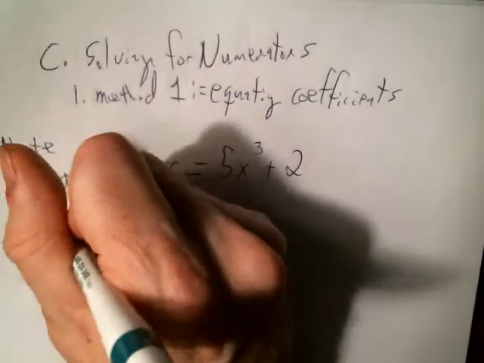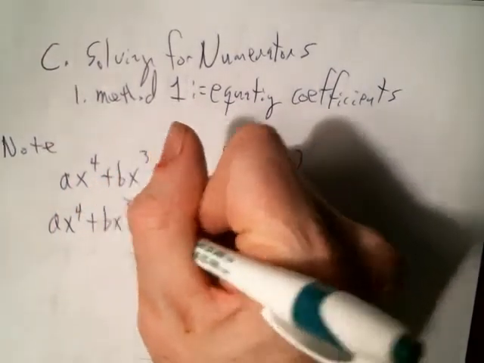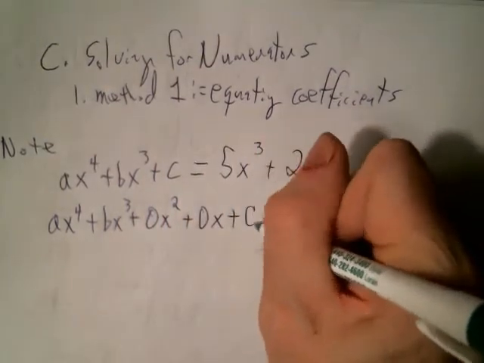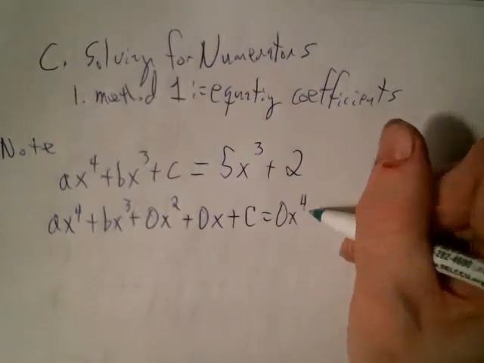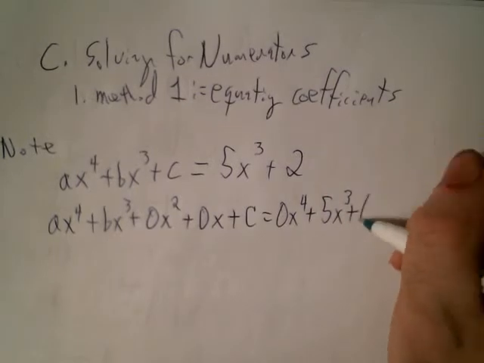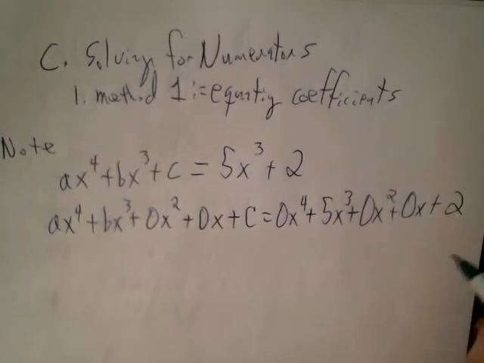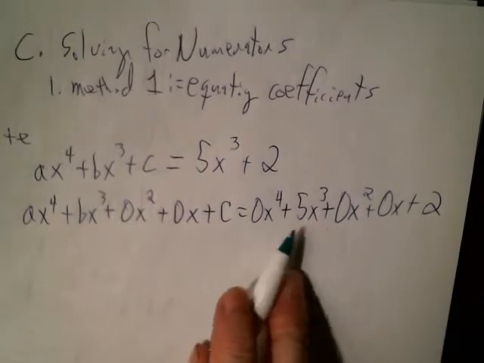Okay? In other words, let me rewrite this as ax to the 4th plus bx cubed plus 0x squared plus 0x plus c. And on this side, I have 0x to the 4th plus 5x to the 3rd plus 0x squared plus 0x plus 2. I can figure out what a, b, and c are just by equating the coefficients.